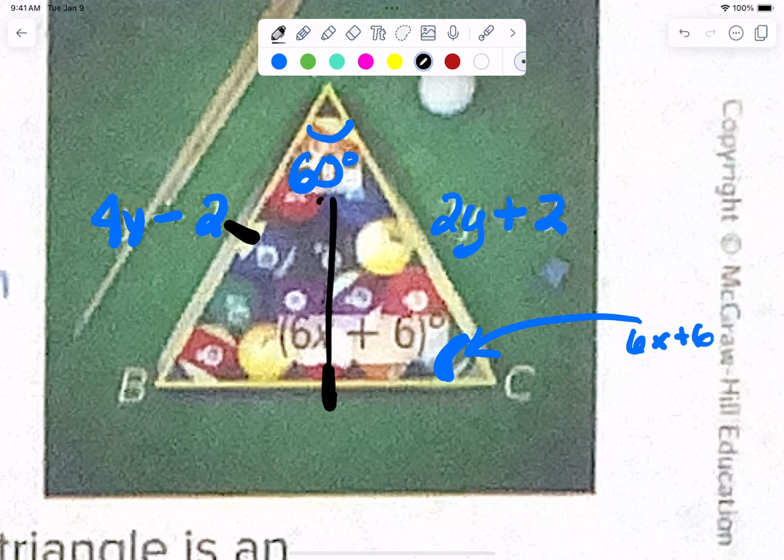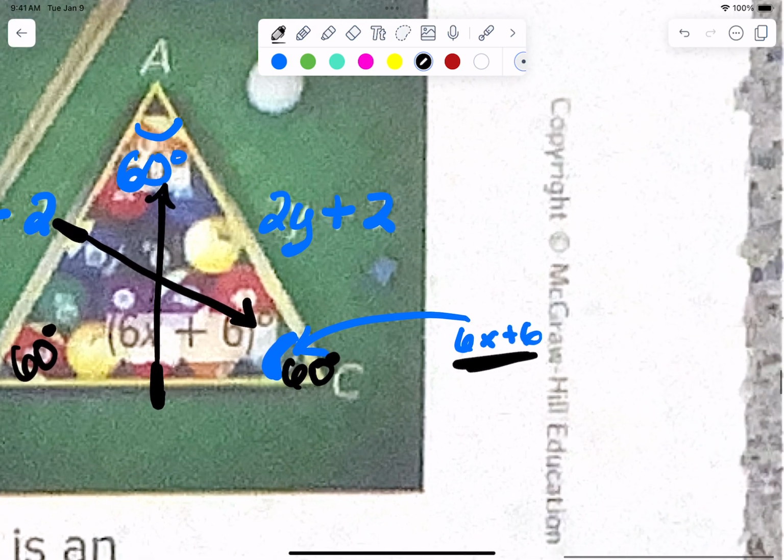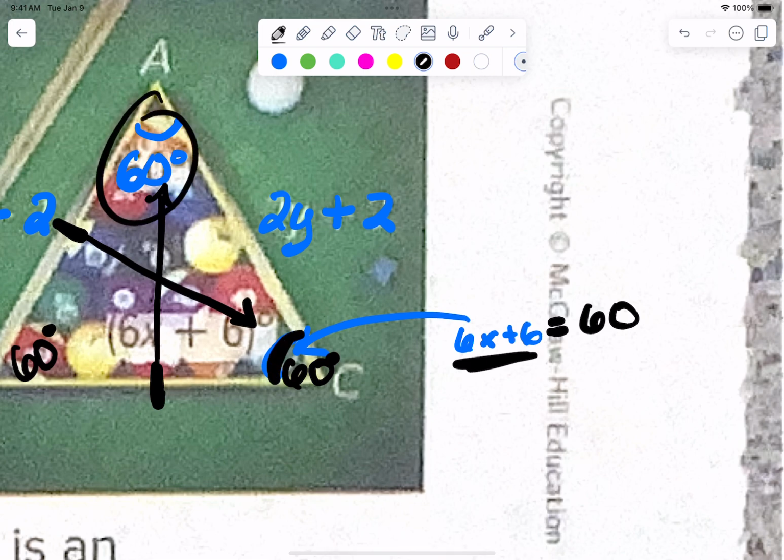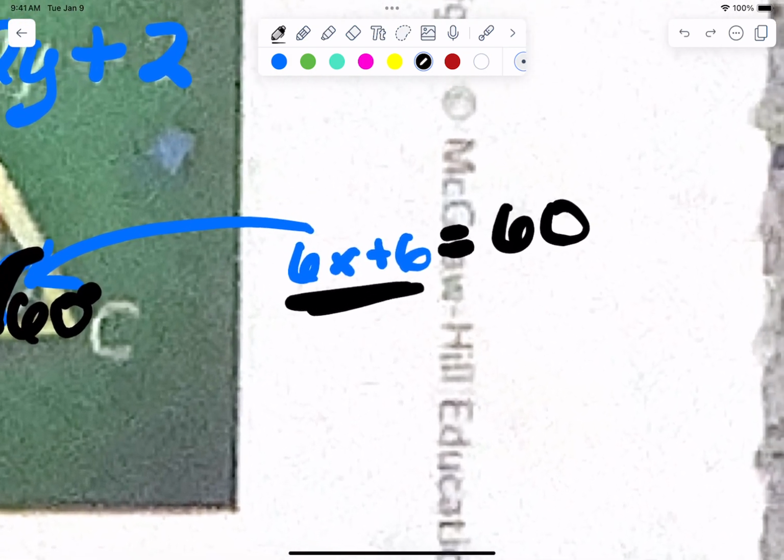But if I crisscross, and if that's 60, then this has to also be 60 right here, right? But then that means this guy has to be 60 as well, right? Okay, so let's look at this right here. 6x plus 6, we said he has to be equal to 60, right? That's what that bottom angle is. 6x plus 6 has to be 60 because he has to match this angle up here, right? So we use that to solve for x.